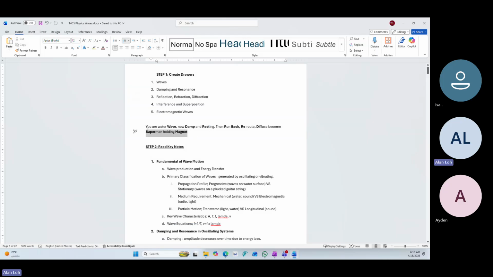But for now, at step 1, don't worry about that. Just worry about the story that is helping you to remember the name of each of the drawers, right? If you like, you can write it down in your paper, or you can write it down somewhere, because this story needs to stick in your brain, right?